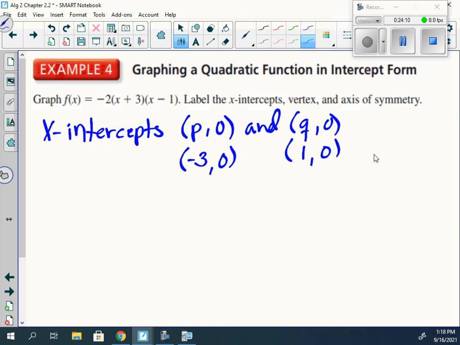And since I have an x minus 1, the sign in front of 1 should be positive. Because really what we're saying here is x minus negative 3. Again, it's the opposite sign. Inside these parentheses, we will have the opposite sign. So our actual value of p and q is negative 3 and 1.